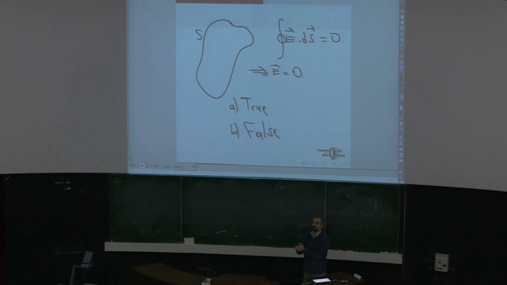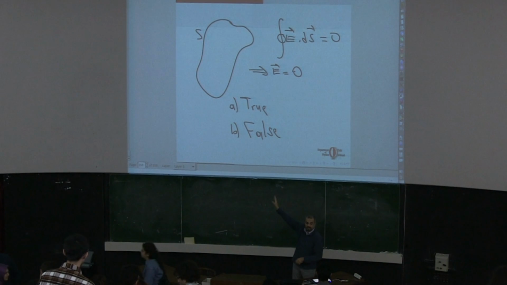All those people who believe it is true, I want in this region of the classroom. All those who think that it is false, I want them to move to this region of the classroom. This is group A. That is group B. And I don't want anybody left in the middle.